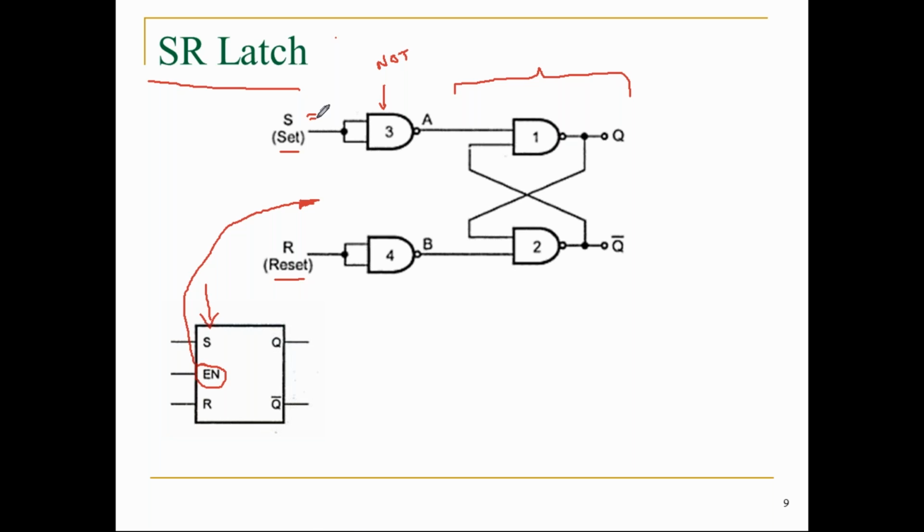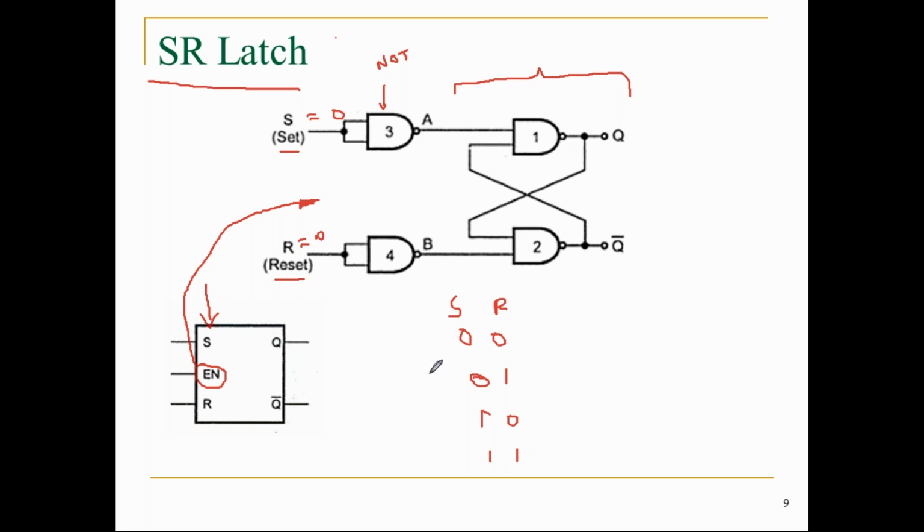Now initially your S input is 0, and the R input is also 0. The first input is S, the second input is R. The input may be a combination of zeros and ones: 0 0, 0 1, 1 0, 1 1.